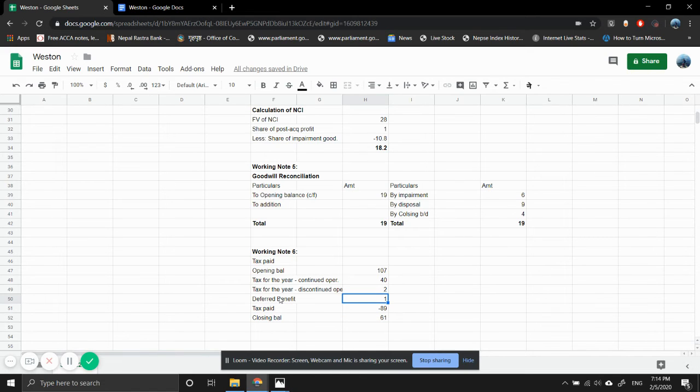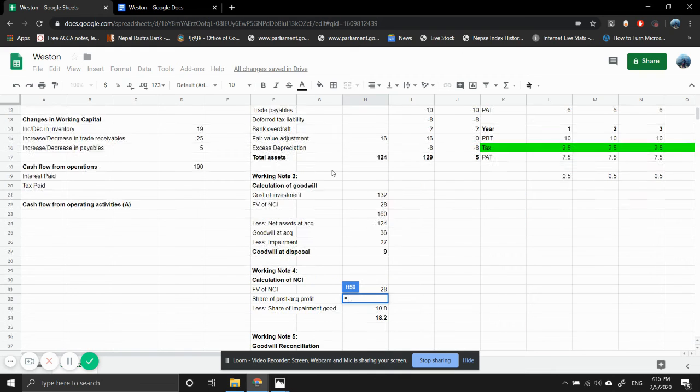Let's look at something else. So what about deferred tax on disposal as well? There might be that thing as well. So remember, we did a revaluation. So there is a deferred tax asset as well, which is basically a deferred tax liability, which is a minus.